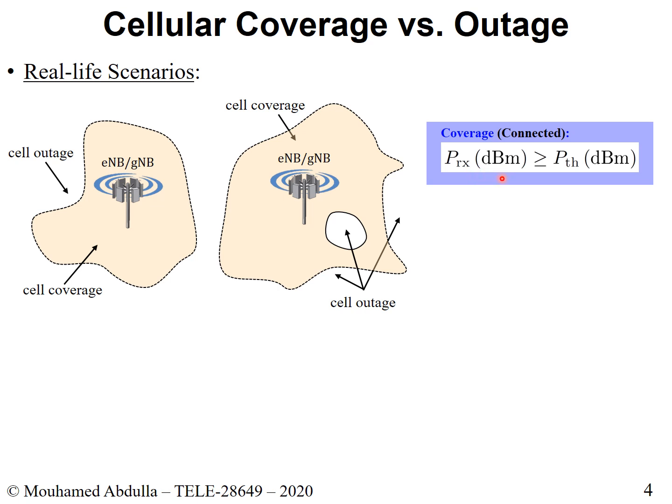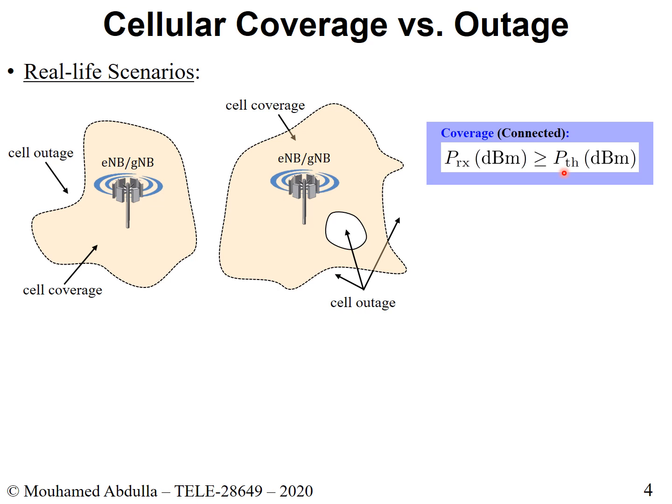Okay, we saw this. I hope you know how to get this. So the power that you receive, this is the power at your mobile. It is bigger than a certain threshold. TH stands for threshold. You can think of threshold as the sensitivity. Remember when we saw Wi-Fi and how to detect a signal with Wi-Fi?